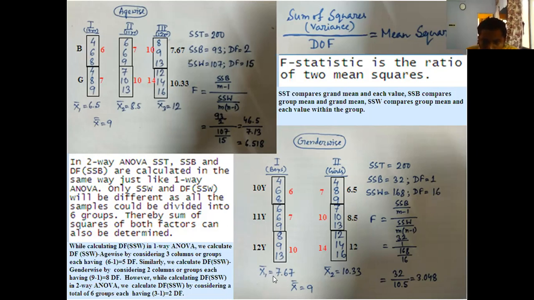So you are considering basically 7.67 and 10.33, which are the means of these groups, boys and girls. But it is not taking care of the age group. Similarly, in this case, whenever you are calculating this mean, it is only considering the age groups.